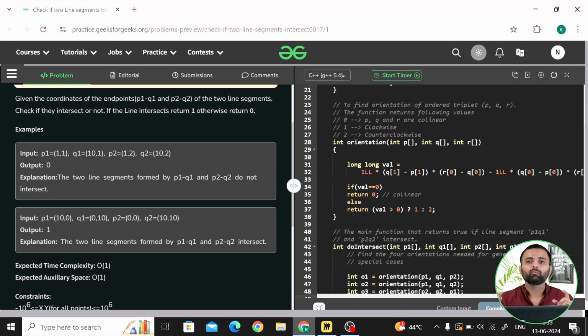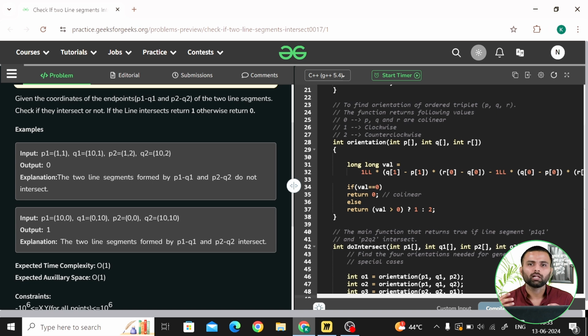Now, with the help of the determinant, we calculate the value. If the value is 0, it means it's the collinear case, because sine of 180 degrees is 0. I have written that here.